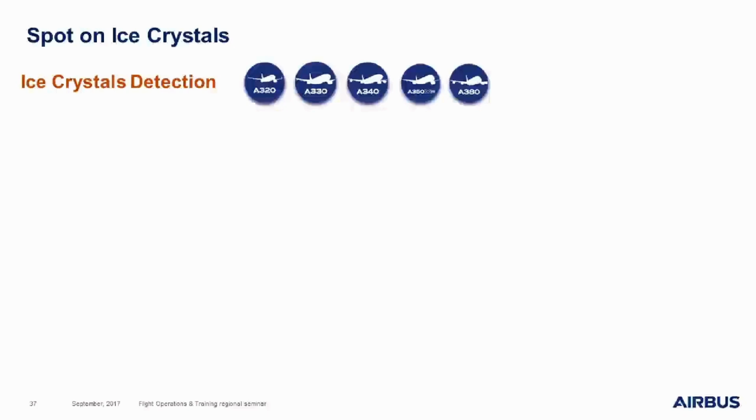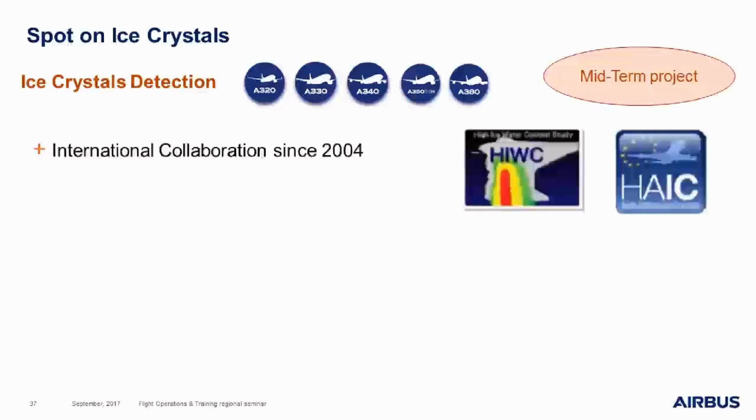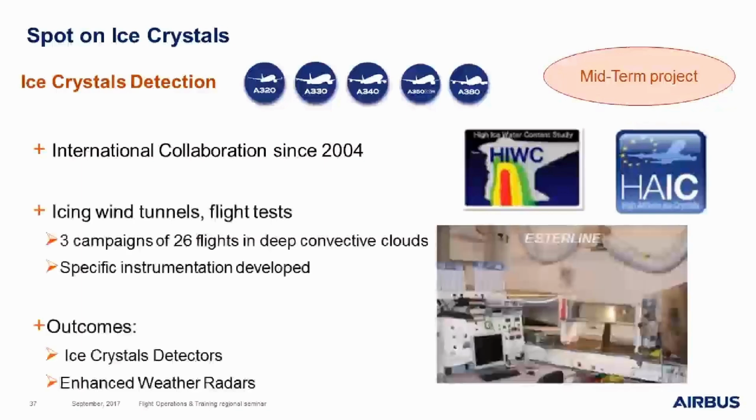But we also work in parallel on ice crystals detection, and this is a mid-term project. As you may know, there is an international collaboration since 2004 in order to work on ice crystals. Airbus has participated in this collaboration and has performed some tests in icing wind tunnels and also some flight tests.